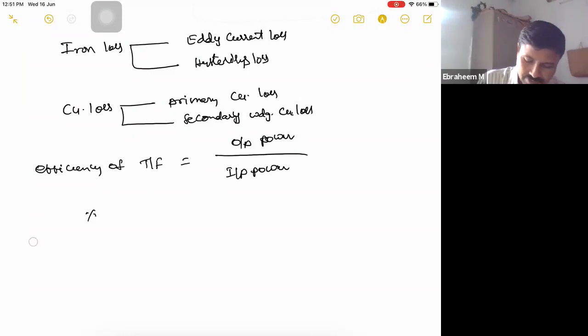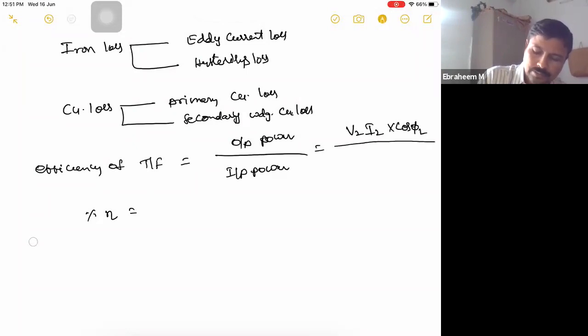So percentage efficiency is equal to output power, which is V2 I2 cos phi 2, divided by input power V1 I1 cos phi 1.